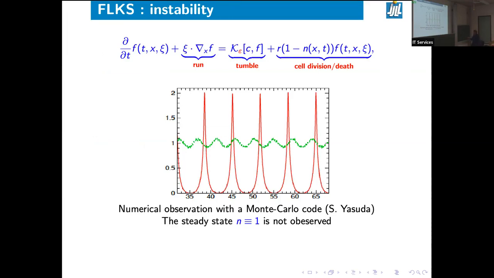It will exhibit oscillations. So this is a calculation done by Shugo Yasuda by a Monte Carlo code.